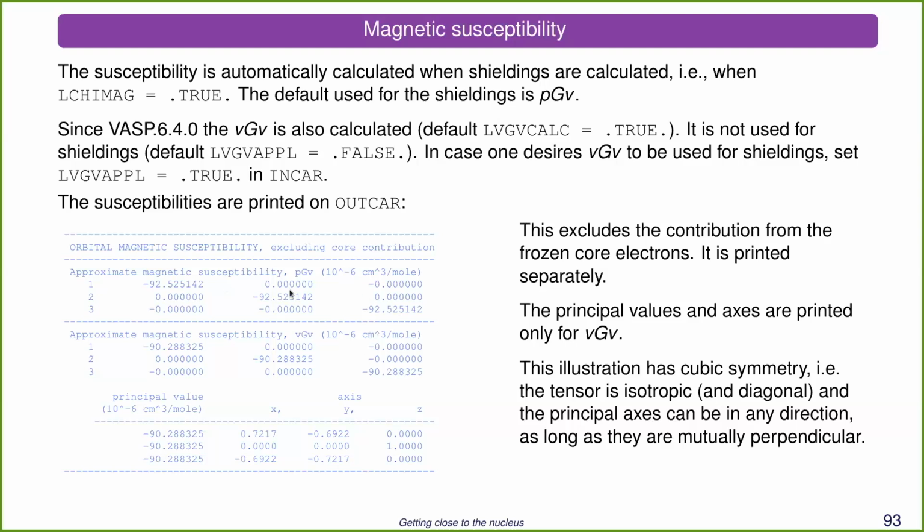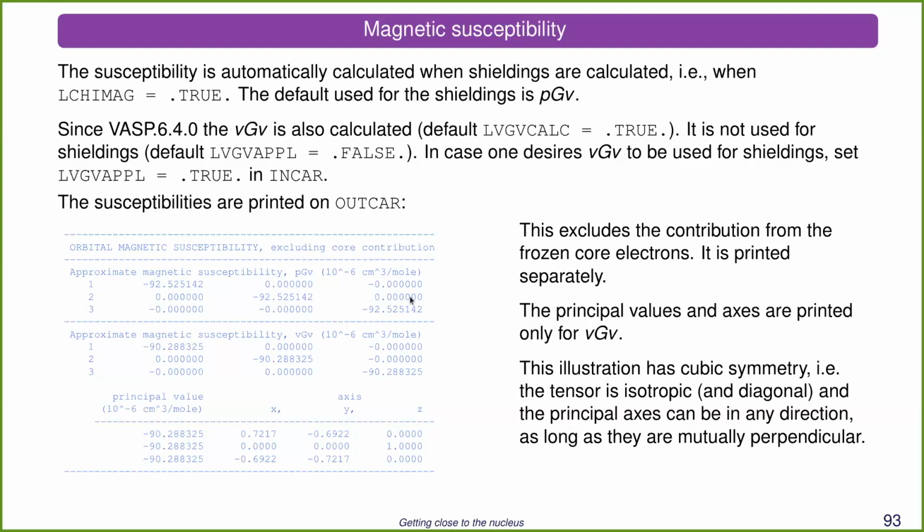But both are calculated. You have the PGV tensor over here, you have the VGV tensor over here, and notice the units. These are crazy CGS units, centimeter square per mole. To apply them in the shieldings, you first have to convert them to shieldings essentially, and then add to the bare shielding results. And for the VGV, it also reports the principal axis.